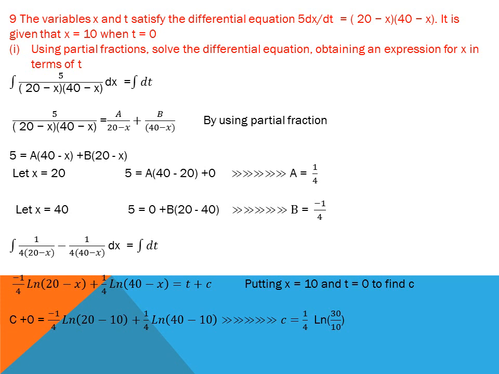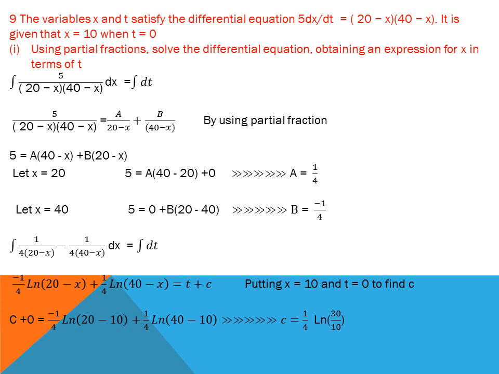When I integrate 1 over 4 into (20 minus x), I take 1 over 4 as it is, and the integration of 1 over (20 minus x) is minus ln of (20 minus x). Here I should use the rule of ln, because the derivative of ln x is equal to 1 over x and the integration of 1 over x is equal to ln x. Here the derivative of 20 minus x is minus 1, and the integration of 1 over (20 minus x) is minus ln of (20 minus x).